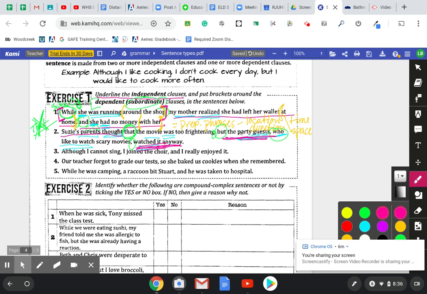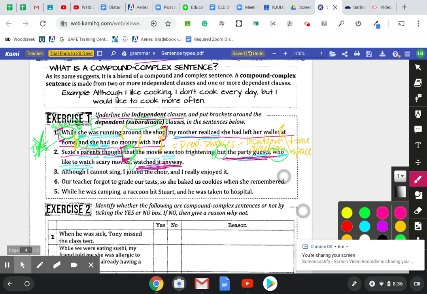And that is functioning as a subordinating conjunction, that the movie was too frightening. Brackets around that. And then a small little one in between, who like to watch scary movies. There's my brackets there. Let's see if there are any prep phrases. Movie was too frightening. Watched it anyway. Nope. So we're good there.